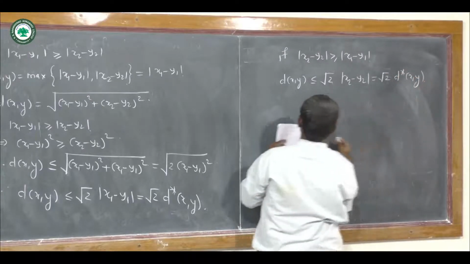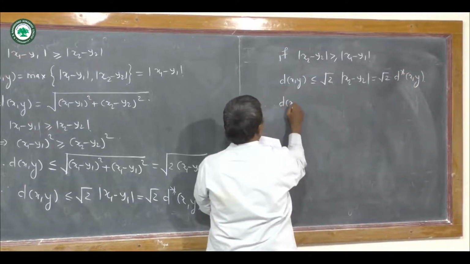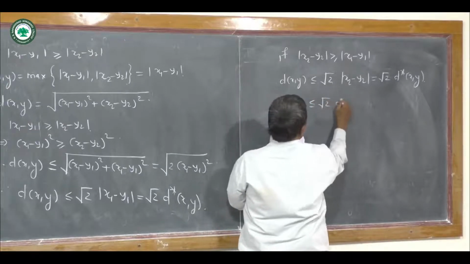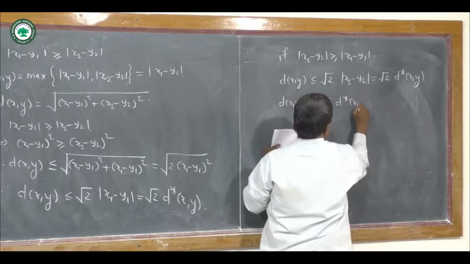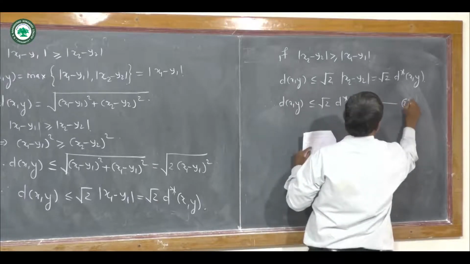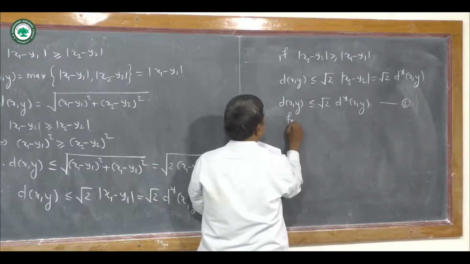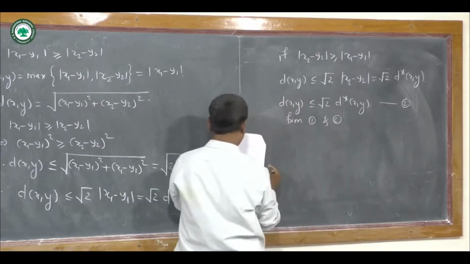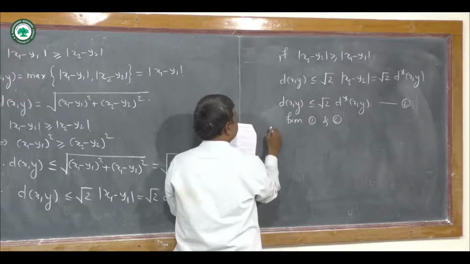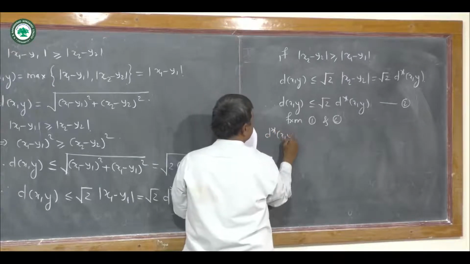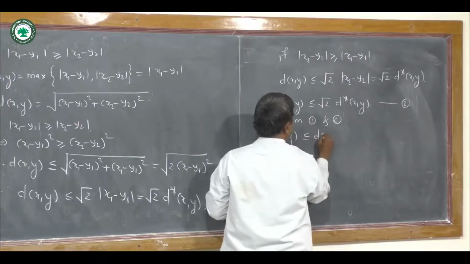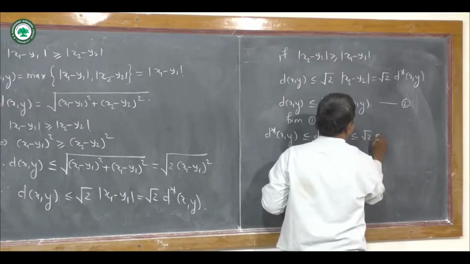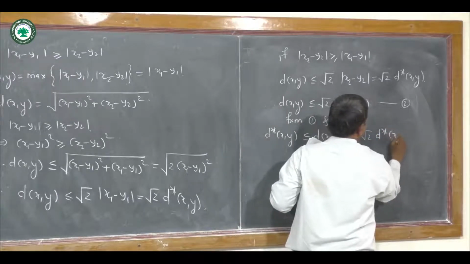So therefore d of x comma y is always less than or equal to root 2 into d star of x comma y. So this is 2. So from 1 and 2, we write d star of x comma y is less than or equal to d of x comma y, which is less than or equal to root 2 into d star of x comma y.